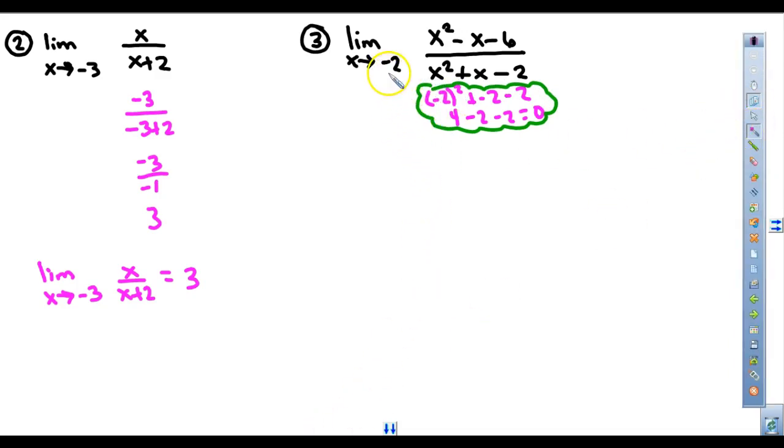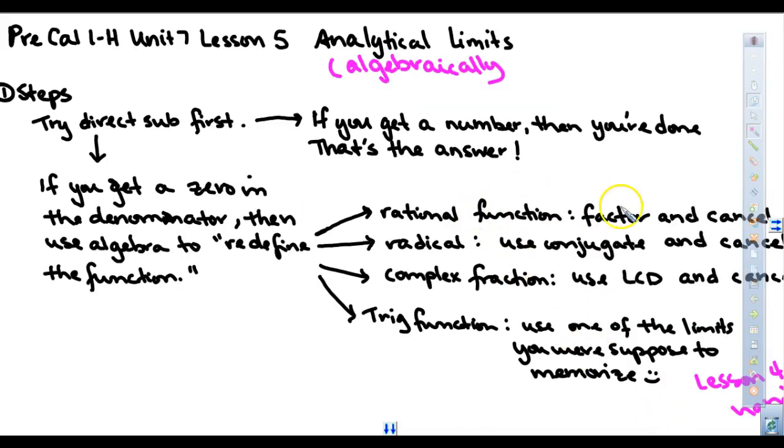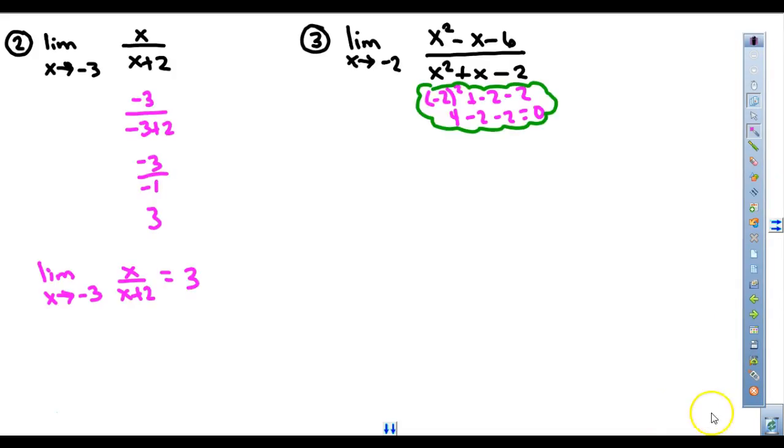But what we did is we put -2 in the denominator. We've gotten a 0. Okay, so since this is a rational function, I'm going to do what my nice little graphic organizer over here told me to do. I'm going to factor, then I'm going to cancel some stuff out. Now, you've got to be careful with notation. AP Calculus is a biggie for notation, so that's why in PreCal I teach notation a lot.